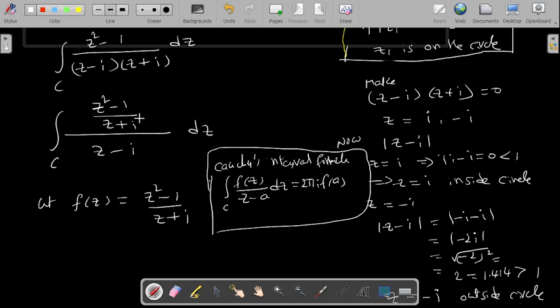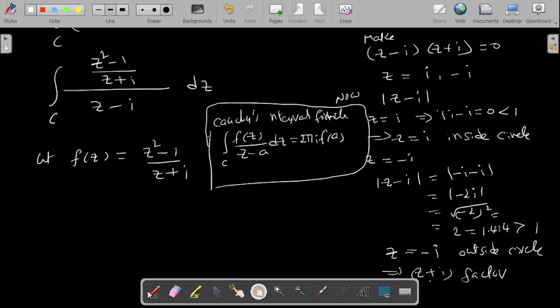So f of z means the numerator z square minus 1 by z plus i. A value means a equal to i. Now calculate f of a, that is f of i.